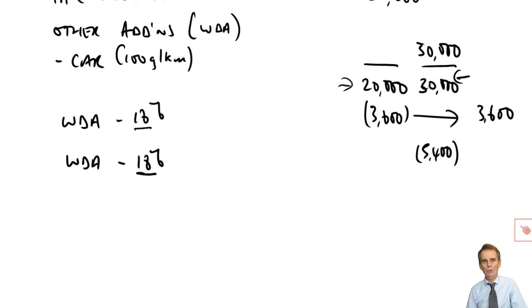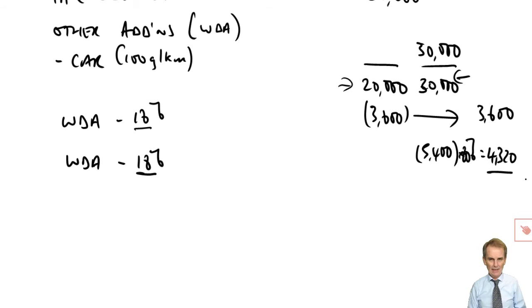Because we're going to lose out on 20%, we can only claim the business use. So times 80%. I have my calculator ready and waiting here. We've got 5,400 there times 0.8 equals, let me just check that as well, £4,320.